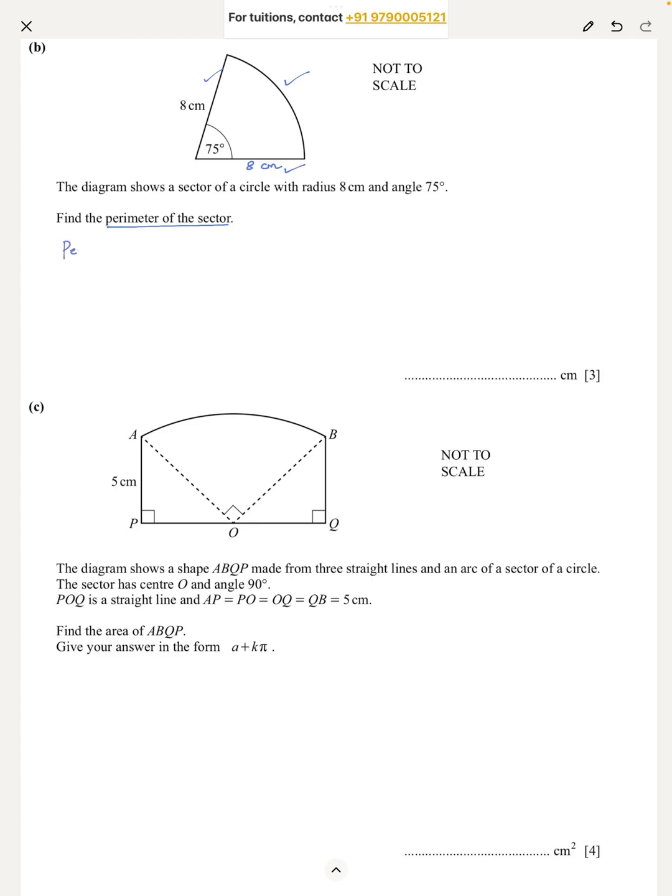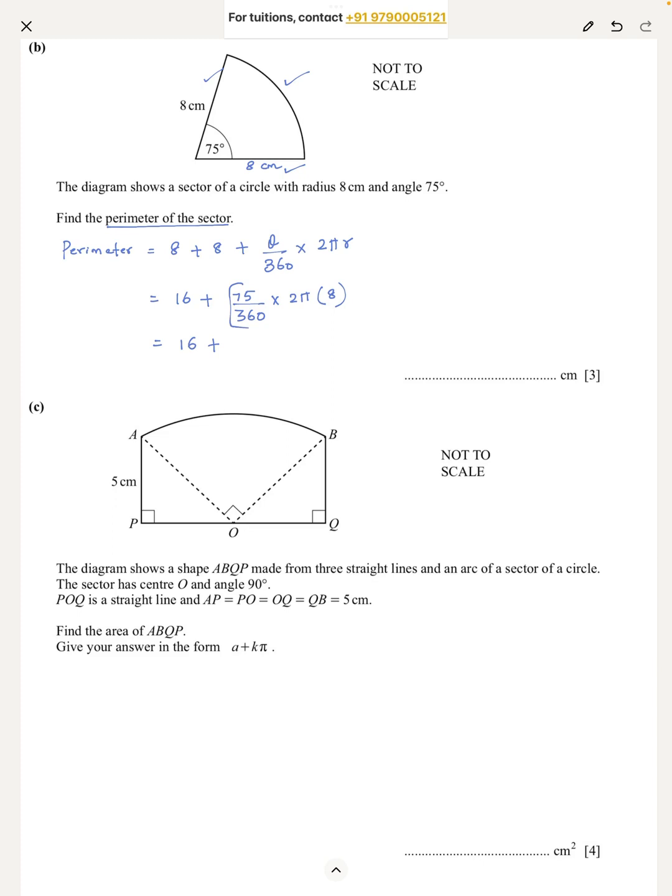The perimeter of the sector includes this side, the arc length, and this side. So perimeter will be equal to 8 plus 8 plus theta by 360 into 2 pi r. So 16 plus 75 by 360 into 2 pi into 8 centimeter.